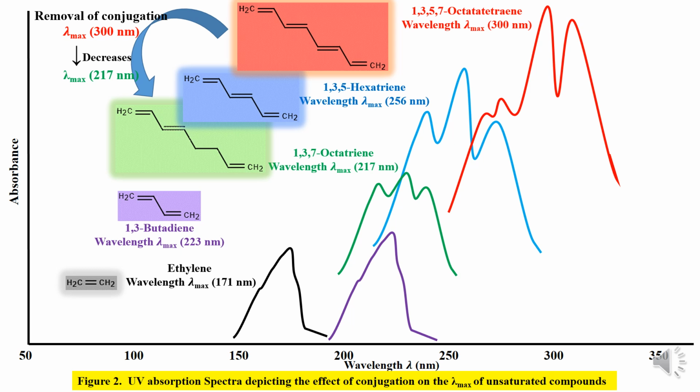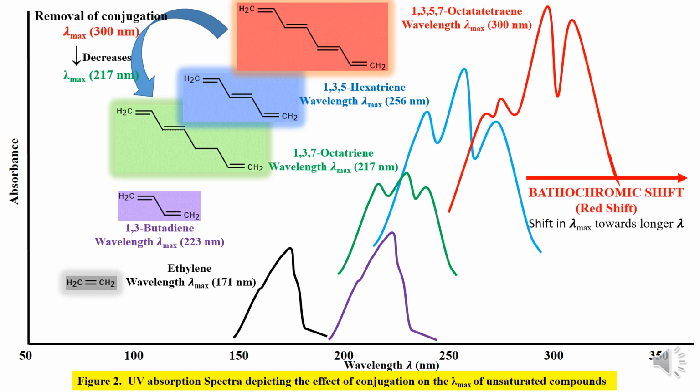So this clearly explains the importance of conjugation. What happens when the conjugation is removed or altered? Now from the lambda max values of these 5 unsaturated compounds, we have learned that with increase in conjugation, there is a shift in lambda max towards longer wavelength.